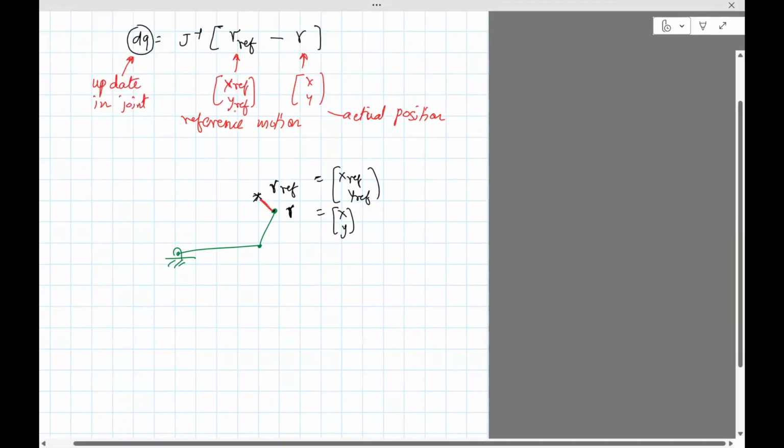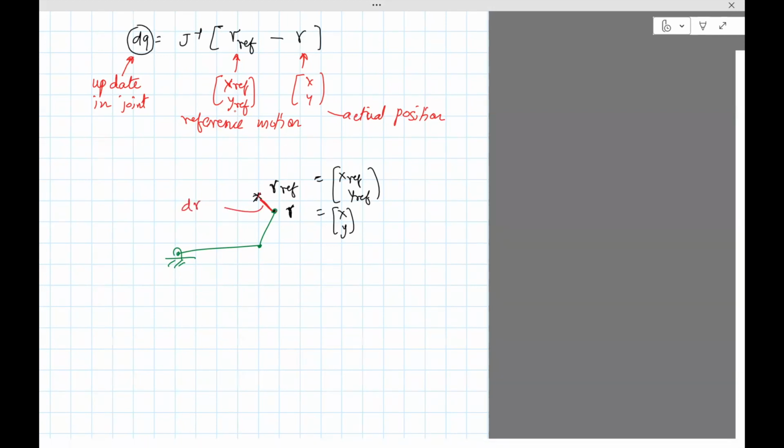So there's an error, right? Your end effector should be at the asterisk, but there's an error. So this part is dr.